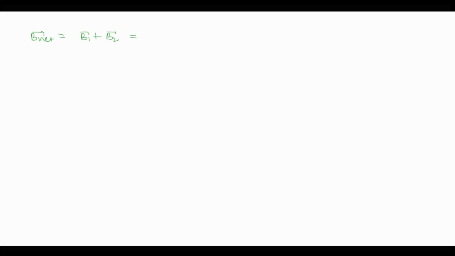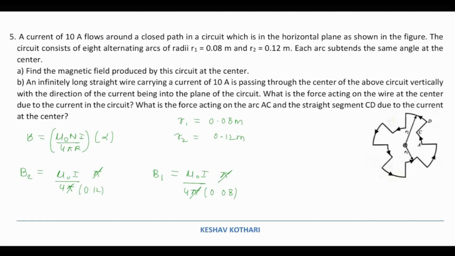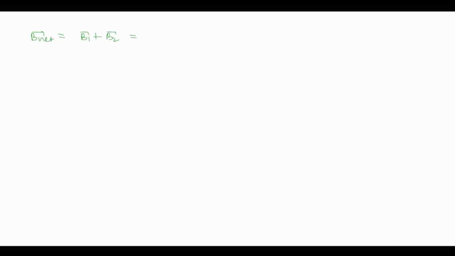So we obtain from here, by adding the two expressions which we obtained on the previous page, that is this one and this one, and substituting the value of mu naught and the value of current, that is I is equal to 10 ampere, we solve and obtain a value equal to 6.54 into 10 to the power minus 5 Tesla.